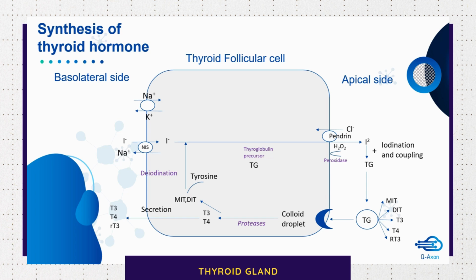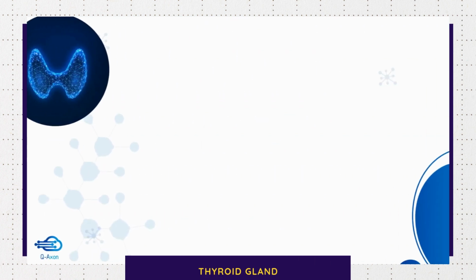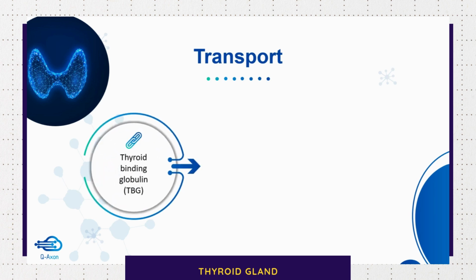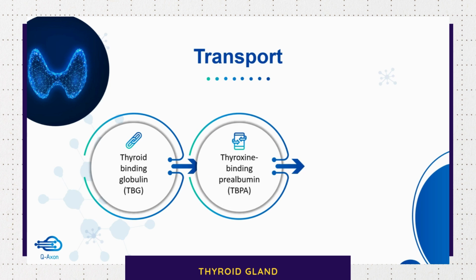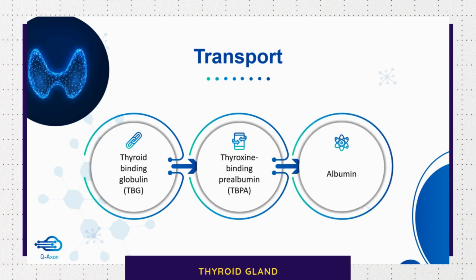The MIT and DIT undergo deiodination in the presence of the enzyme deiodinase, and tyrosine is released, which is again used by the endoplasmic reticulum for the formation of thyroglobulin, and this process repeats again, resulting in the formation of thyroid hormones. Now the formed thyroid hormone has to be transported. It is transported bound to thyroid binding globulin, thyroxine binding prealbumin, and albumin.